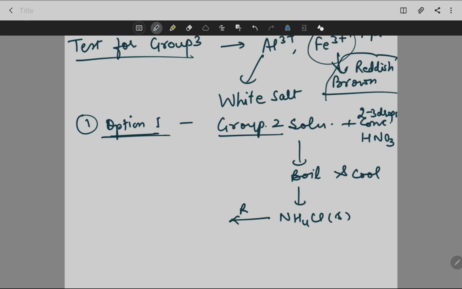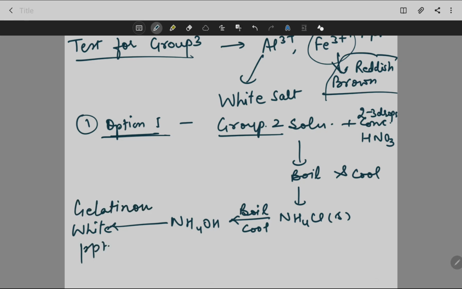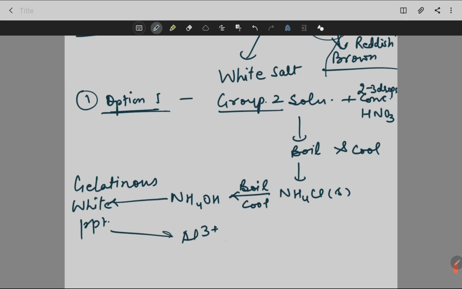Then again boil and cool. Then add ammonium hydroxide to it, and you will be getting white precipitate. What white precipitate? It is gelatinous white. Gelatinous white precipitate, it means aluminium may be present.